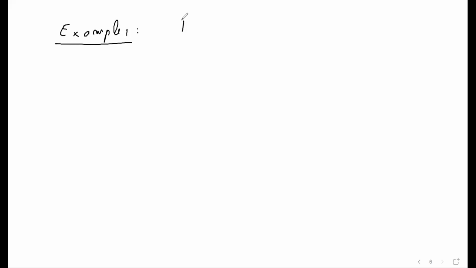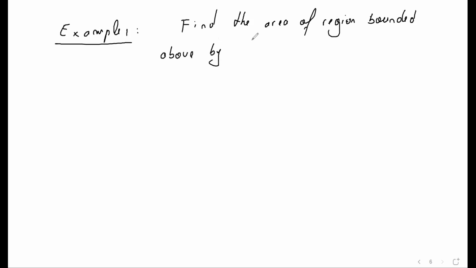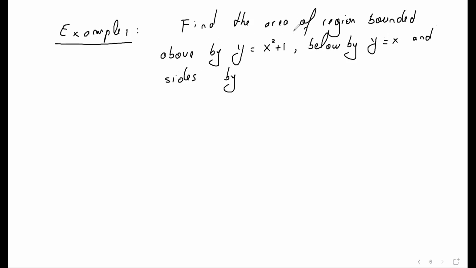So it says here, find the area of the region bounded above by y equals x squared plus 1, below by y equals x, and to the sides by x equals 0 and x equals 1.